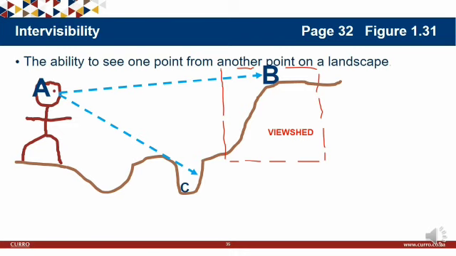Now, where can the limits of intervisibility be? Any point where A can see, that area or region is known as a viewshed. A viewshed is the region where the observer can see anywhere.